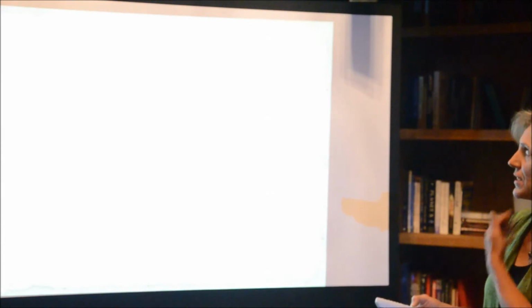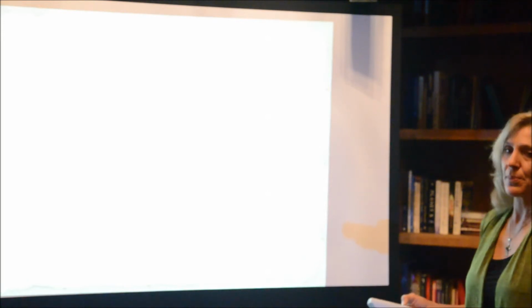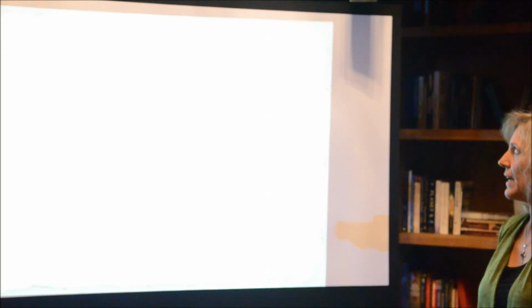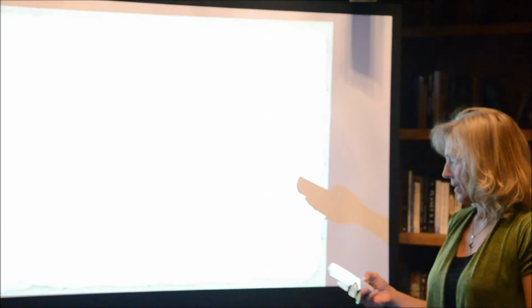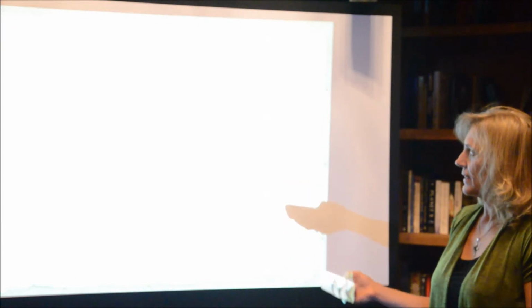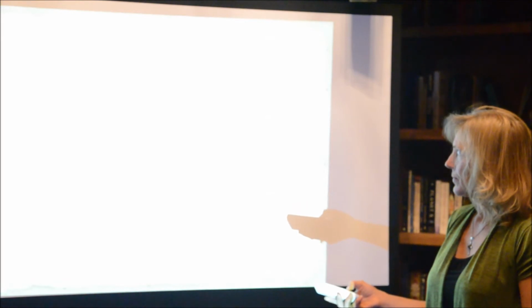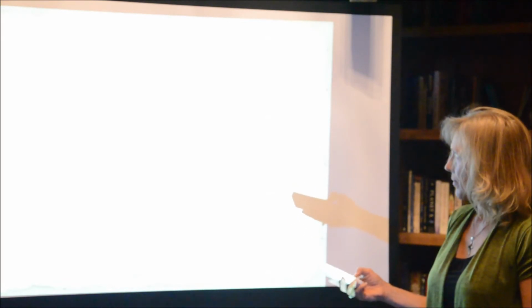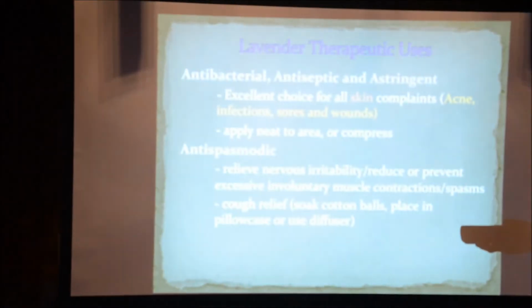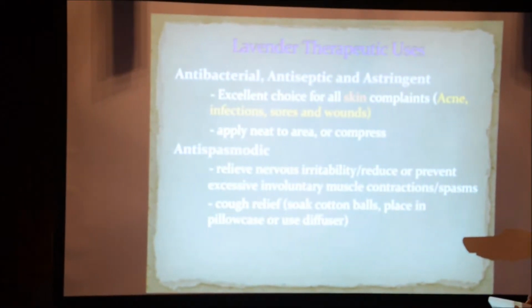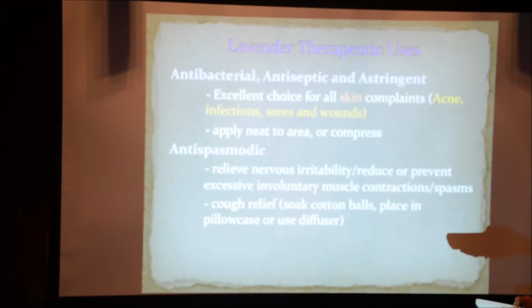The therapeutic uses: analgesic, pain relief. You can put it topically on any kind of insect bites, stings, migraines, burns, sprains, teething pain. Other uses, it's antibacterial, antiseptic, and astringent, so it's excellent for all skin complaints, acne, infections, sores, and wounds.